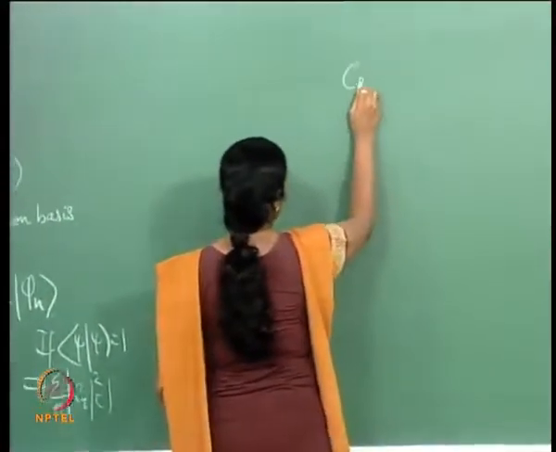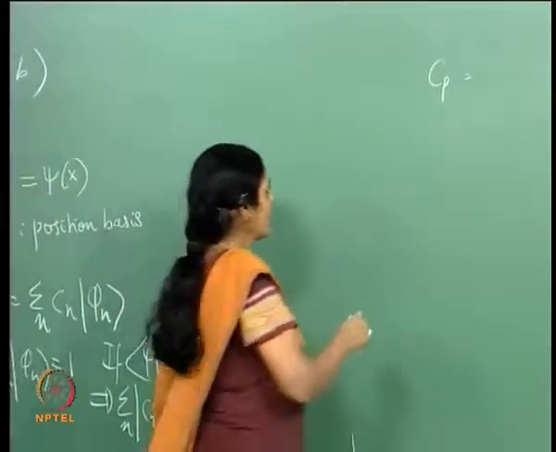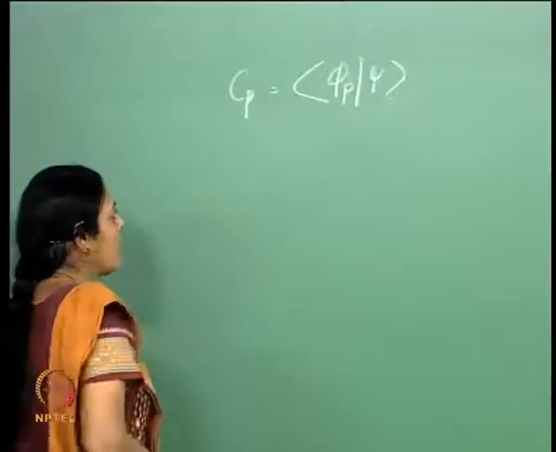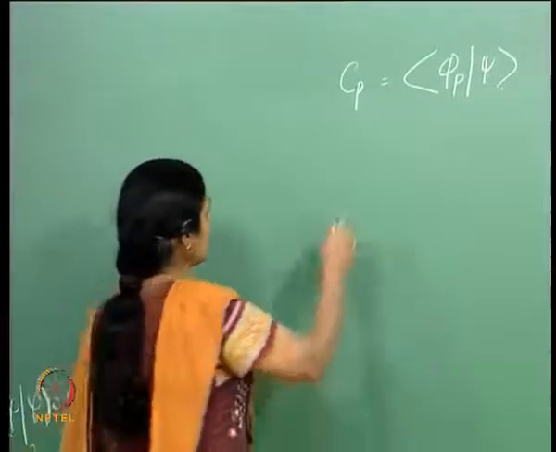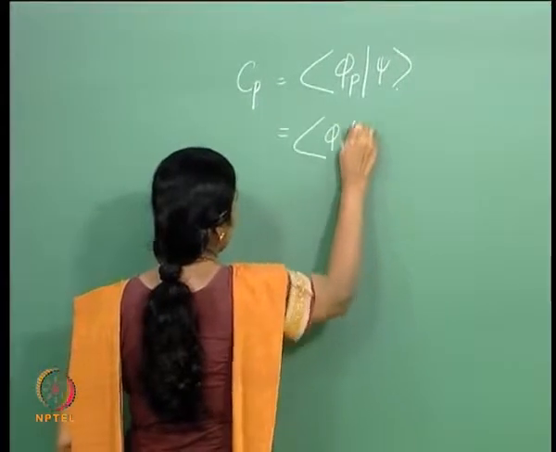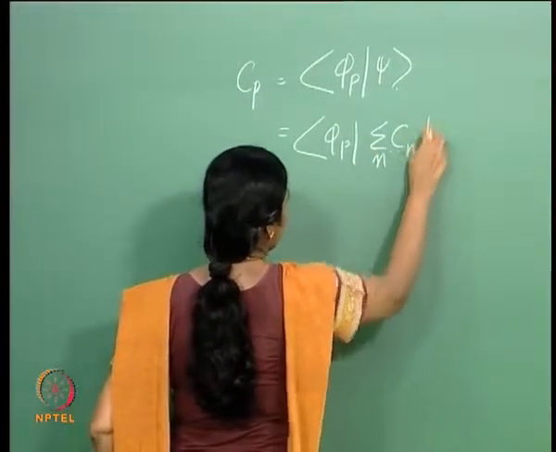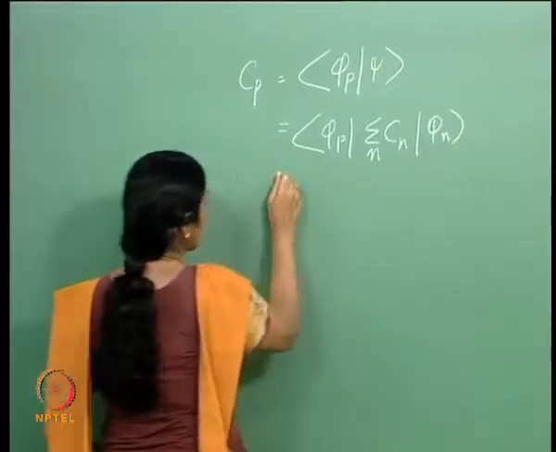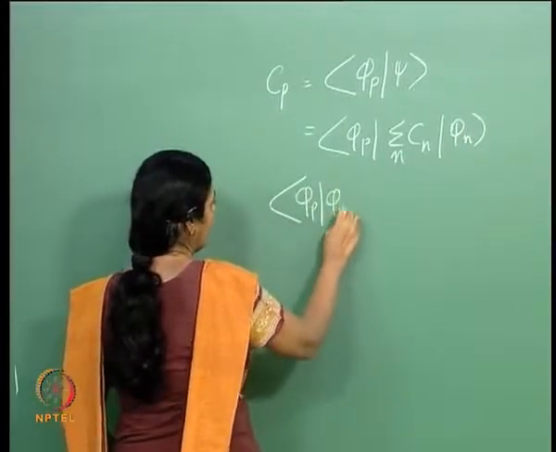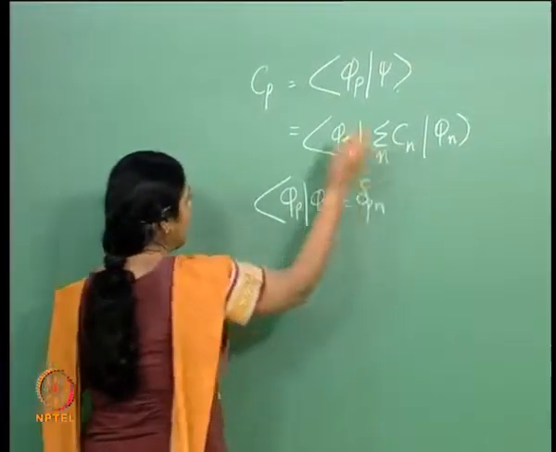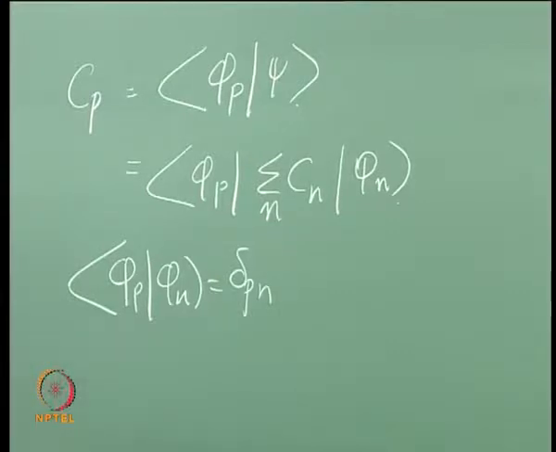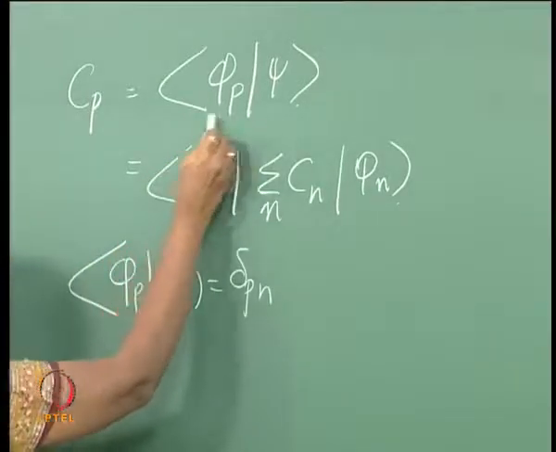Equally true, I get a particular coefficient Cp as the inner product phi p psi, because this is like phi p with summation over n Cn phi n, and I use the fact that the inner product phi p phi n is delta p n, and therefore I get Cp.